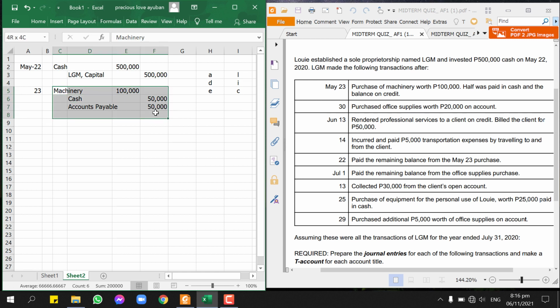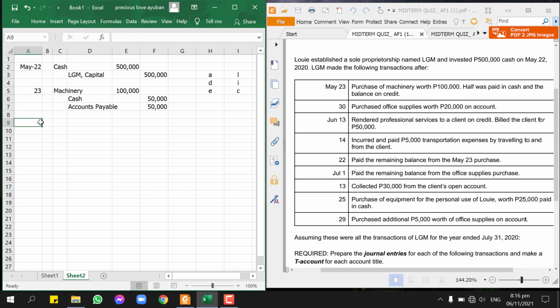Ang tawag natin dito, compound entry. Ibig sabihin, more than one yung ating credit side. So, kapag gumagawa tayo ng journal entry, dapat balanse yung ating debit and yung ating credit. So, ito 100,000 and then ito 100,000.